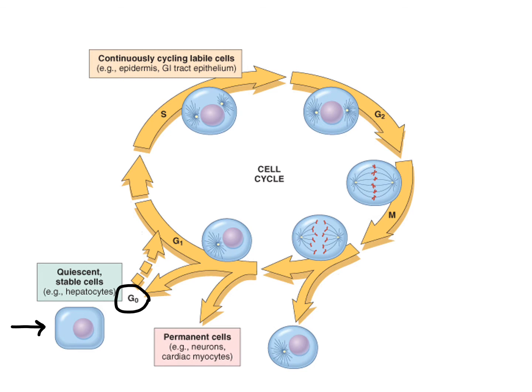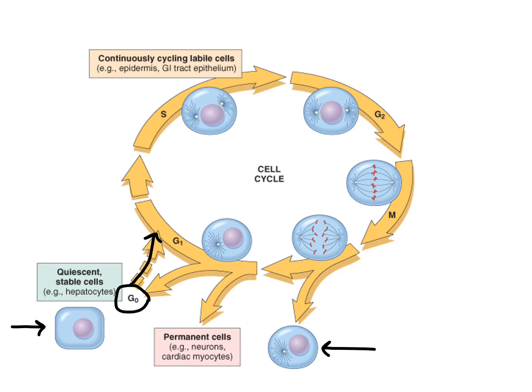And so they're just sitting there in G0. But if you have an injury, you can pull these cells back into the cell cycle, and they do have some limited capacity for proliferation. So that's where these tissue cells sit with respect to the cell cycle, in a phase called G0 that allows them to be recruited back in if necessary.